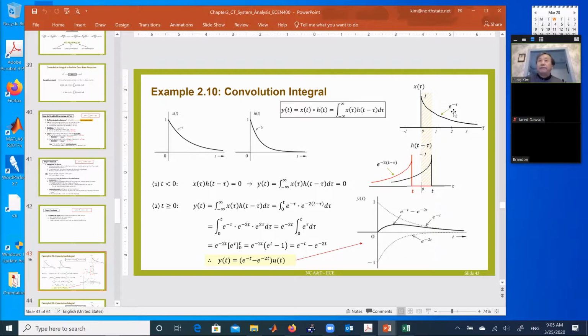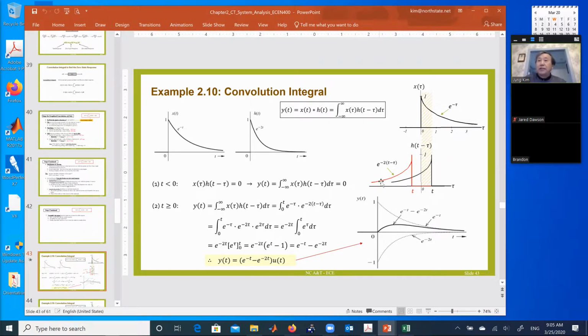And h of t is changed to tau and flipped, so h of minus tau, and then shifted by t. So altogether: change to tau, flip, and shift.